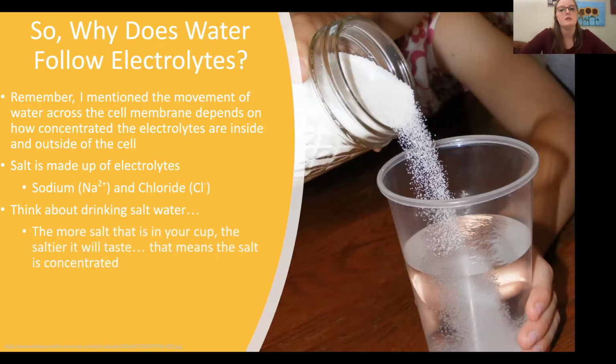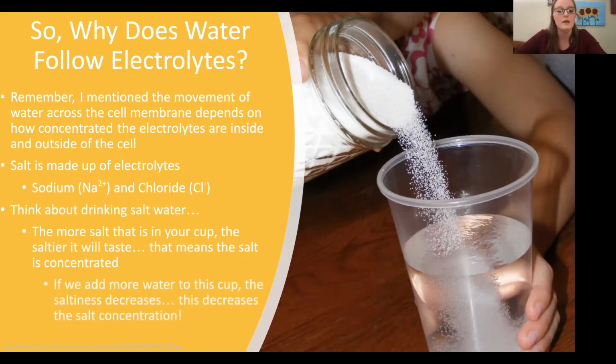The more salt you have in the water, the more salty it will taste. That means the salt is concentrated. If we add more regular water, not seawater or salt water, to the cup, the saltiness decreases because we've diluted out the salt in the cup. That decreases the salt concentration.